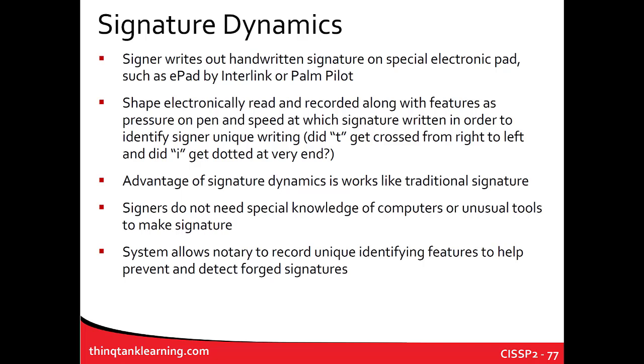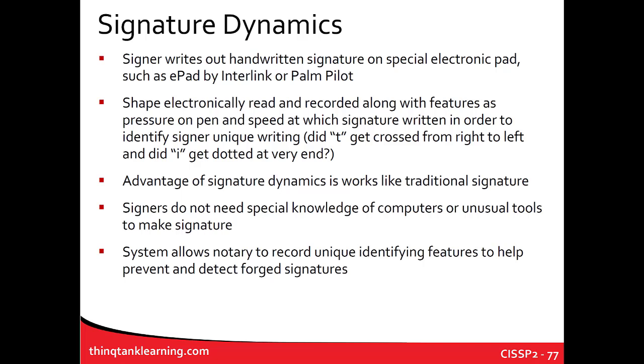It captures how the signature is made, not just what it looks like. This will help people like notaries and systems detect differences between a genuine signature and a forged signature. All right? There are some limitations, though.